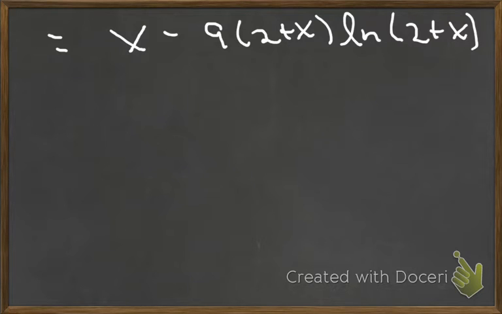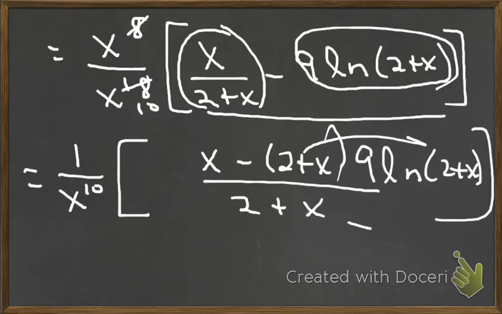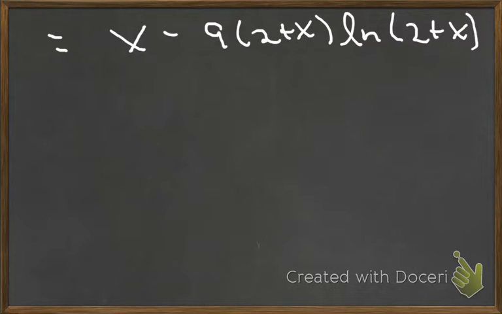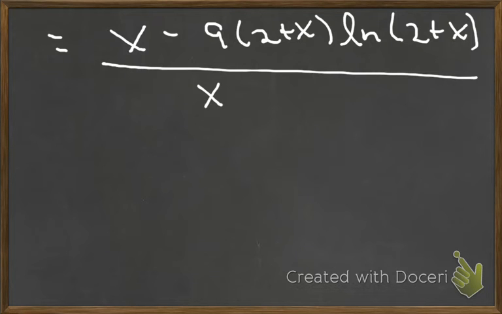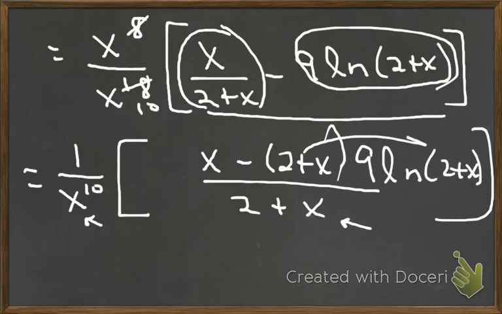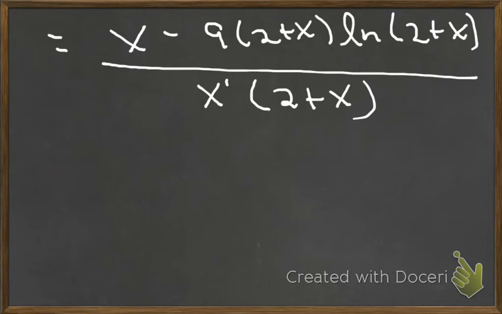In the denominator I have this 2 plus x here and this x to the 10th power, so they go together nicely. And so in the denominator I have x times the quantity of 2 plus x. And just double checking to make sure that I got everything. Well, that should be x to the 10th power, right? Good, x to the 10th power. Thank you. And now I have my solution.